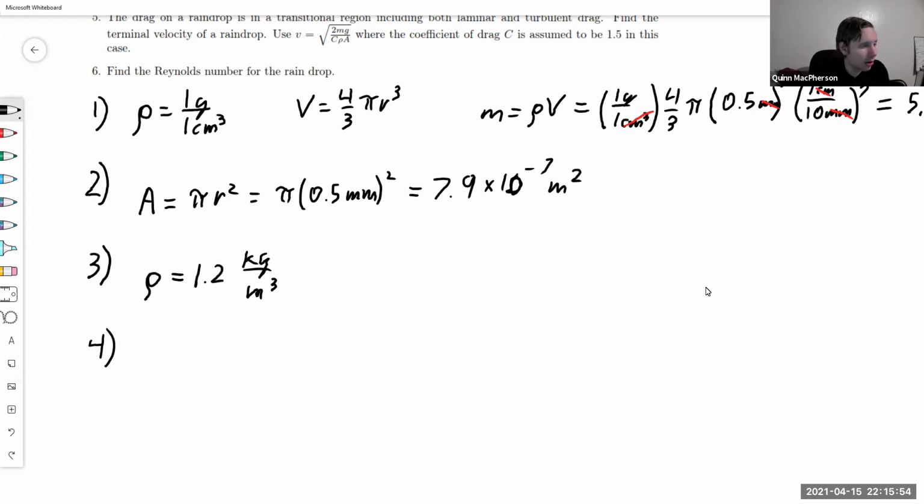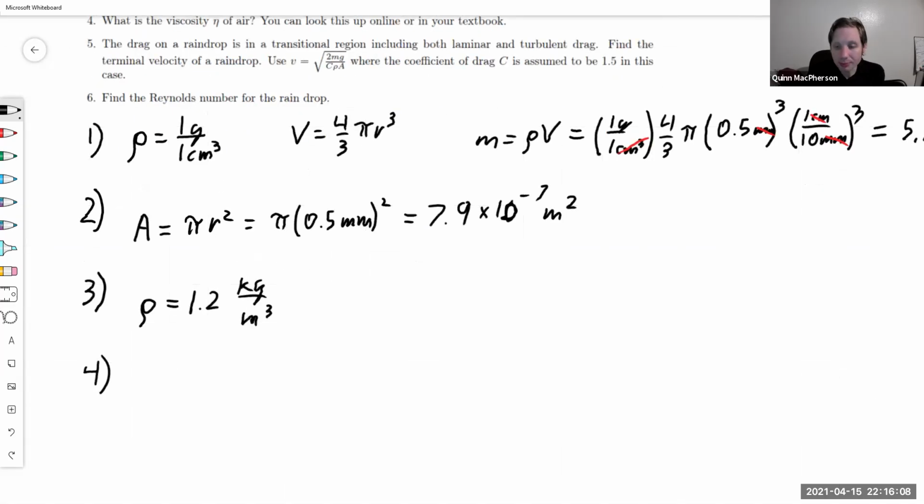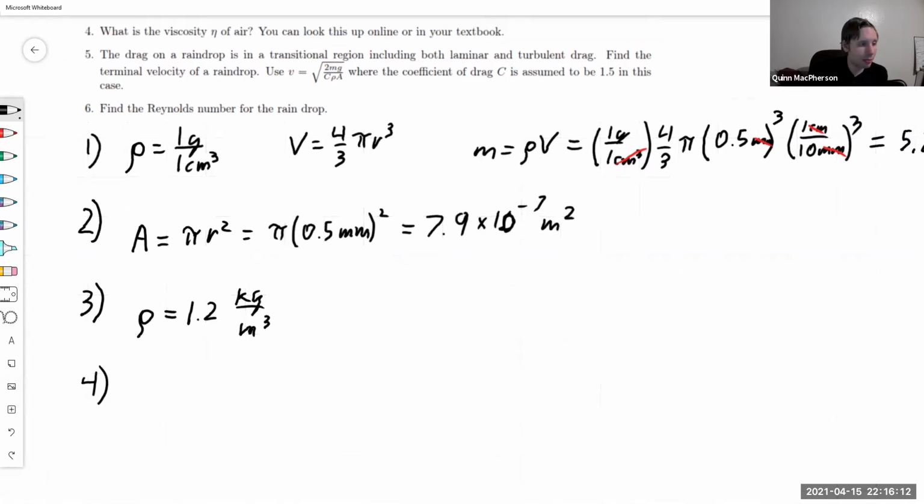So that was 3. Now on to 4. Number 4 asks us, what is the viscosity of air? You can look this up on Wikipedia or in the textbook, many different places, and you'll find the viscosity of air is equal to 18.5 micropascal seconds.